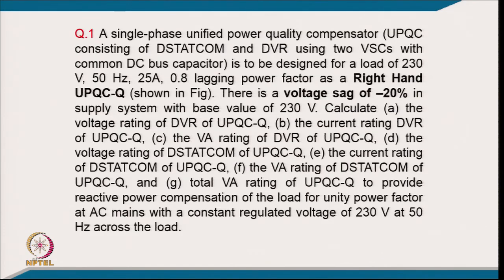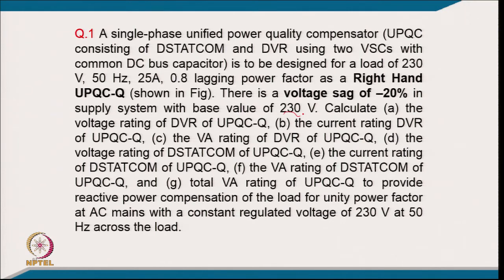Coming to the first numerical example: a single phase UPQC, unified power quality compensator, consisting of a D-STATCOM and a DVR using 2 voltage source converters with a common DC bus capacitor, is to be designed for a load of 230 volt, 50 hertz, 25 ampere, 0.8 lagging power factor, as a right hand UPQC-Q, and there is a voltage sag of minus 20% in the supply system with a base voltage of 230 volt.